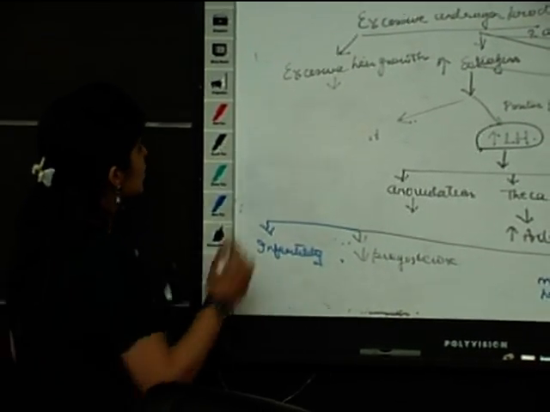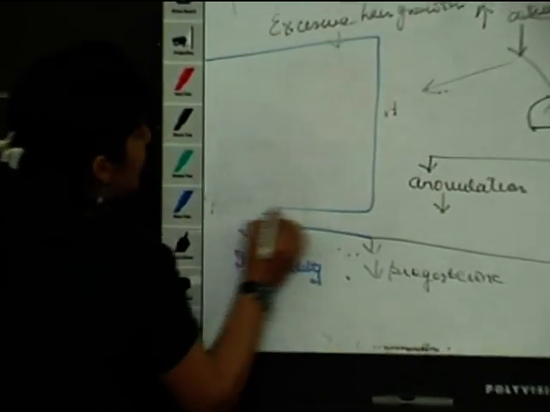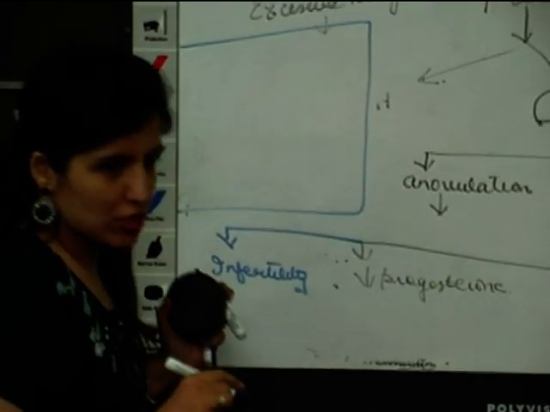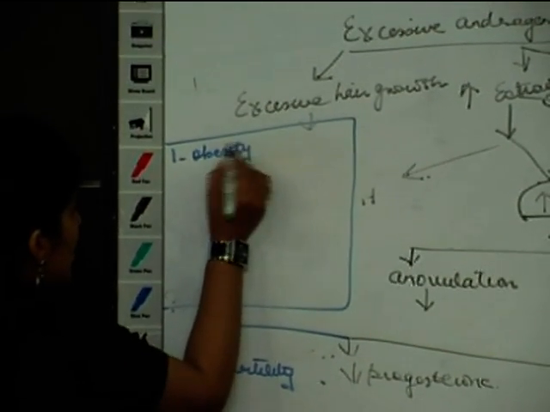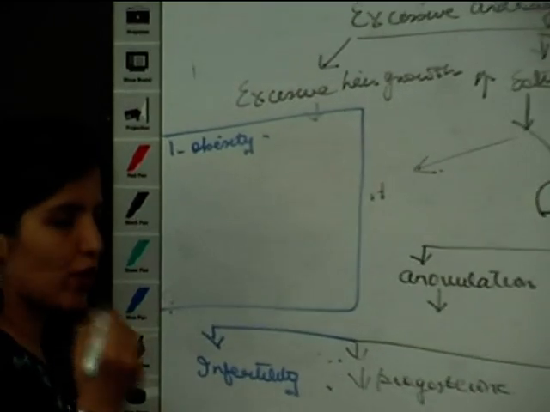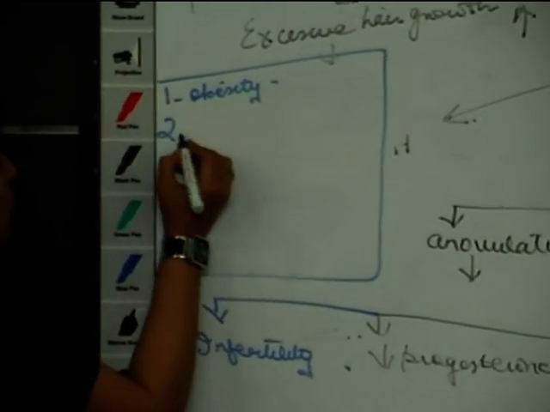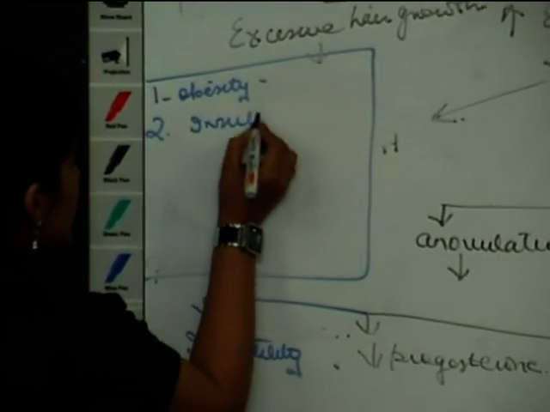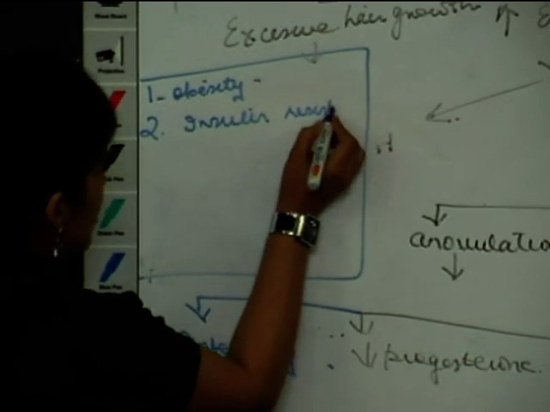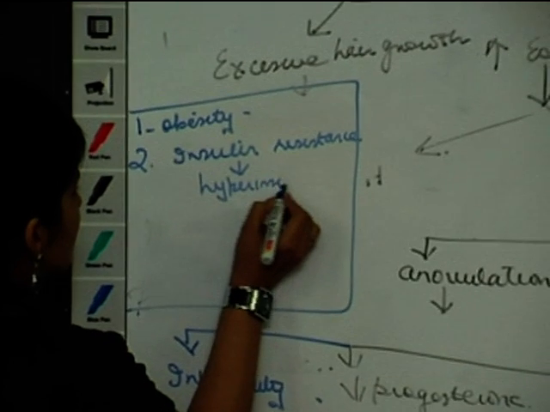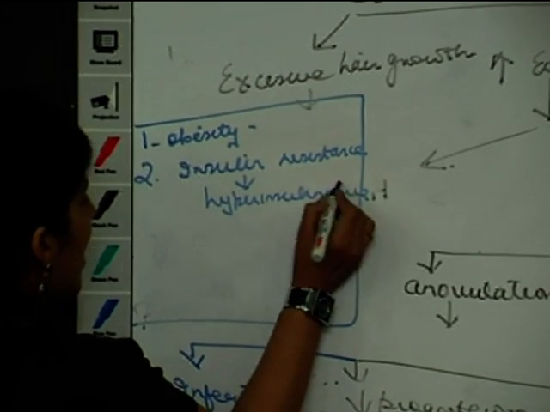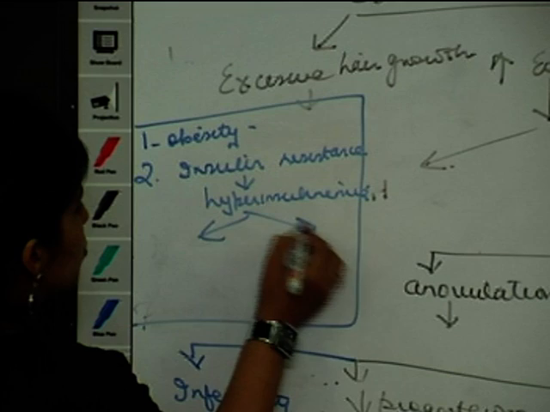Now, besides these problems, there are other problems in PCOD. Number 1, there is obesity in these females. These females are very obese. Number 2, there is insulin resistance. Because of insulin resistance, there is hyperinsulinemia, and this can lead to 2 problems.